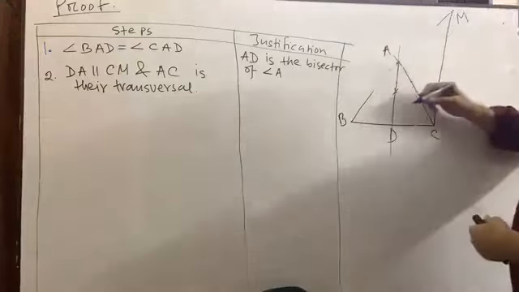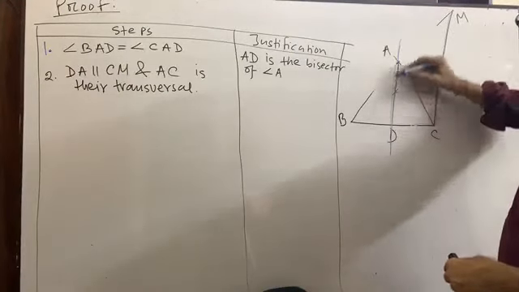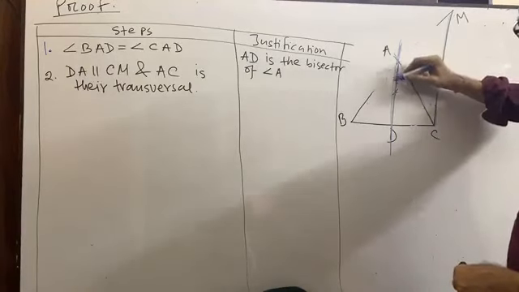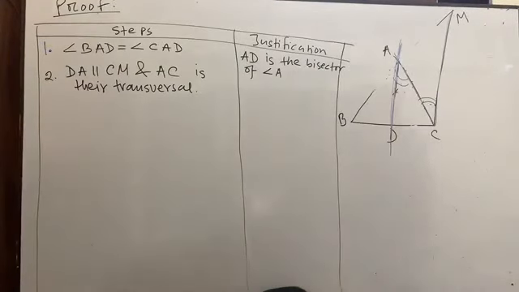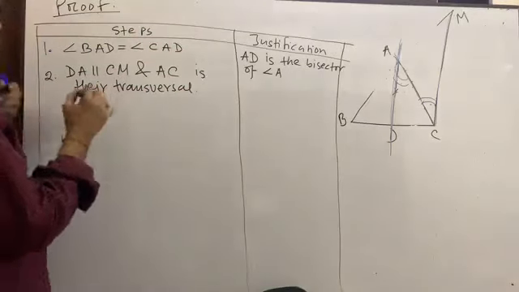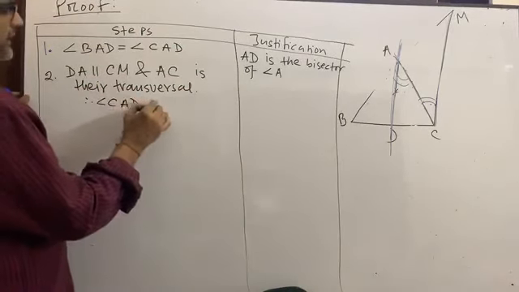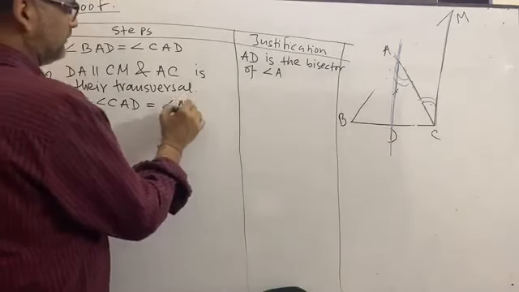Have you seen? That means this line and this line are parallel, and it is their transversal. It means this angle and this angle are equal, alternate angles. So we can write angle CAD is equal to angle ACM.